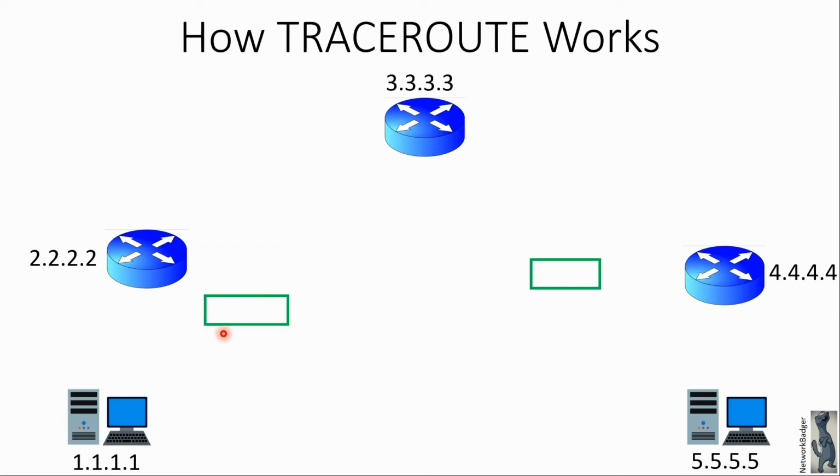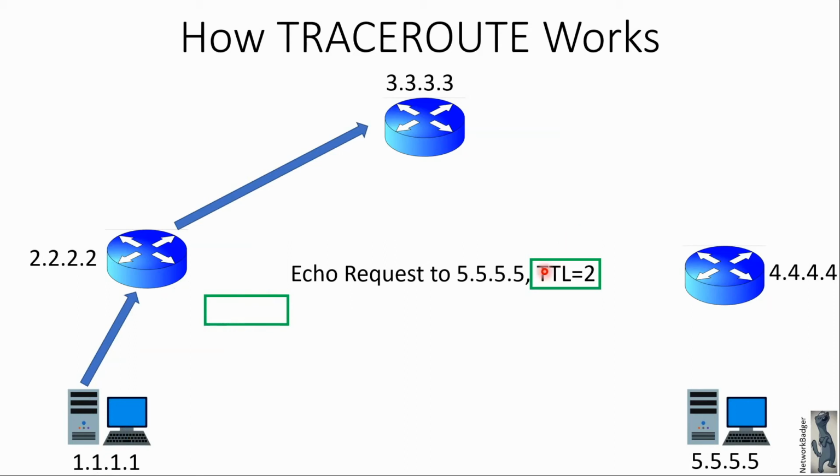Moving on. Now we set our TTL to 2, our second attempt. We increase our TTL by 1. Now it's 2. And again, we know we will receive an error message from the second router. All we want is the IP address of the second router. And here it is. The error message comes back, time exceeded.